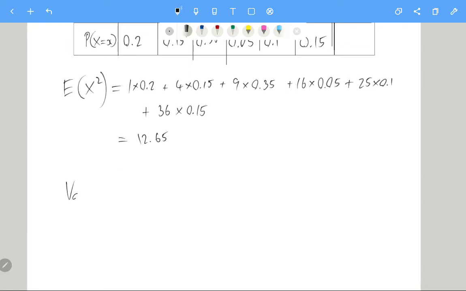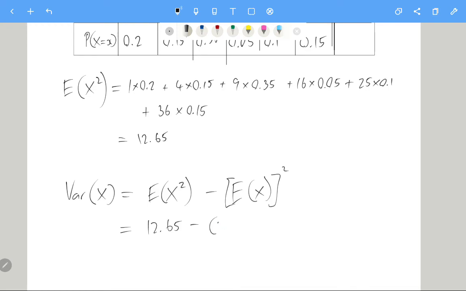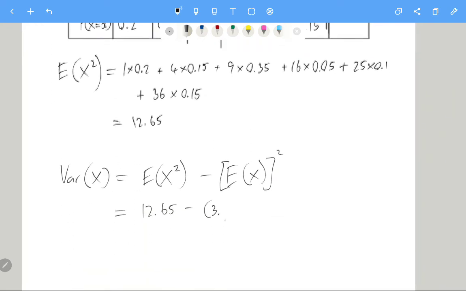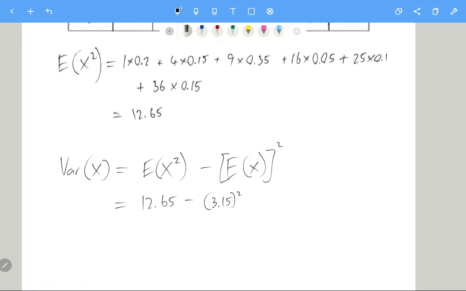The Var of x is equal to the expected value of x squared minus the expected value of x, squared, which is going to be 12.65 minus 3.15 squared, which equals 2.7275. And just a reminder, this is equal to sigma squared.